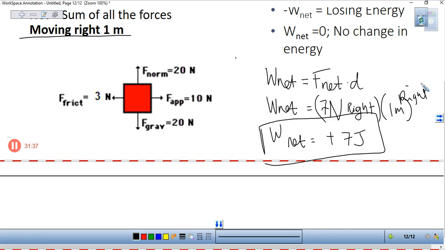Sometimes you just go through it fast. You're like, oh yeah, 20 times 1 is 20. That's the answer. So if you get it wrong, look at the direction. That's usually the first case you should look at. Because actually, if you're doing the work done by, for example, the gravitational force, it should be 0. So you should see that as well.